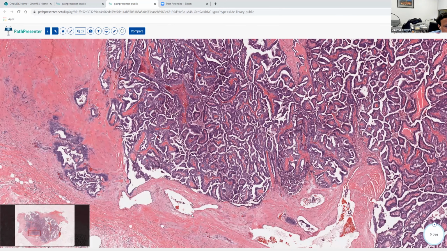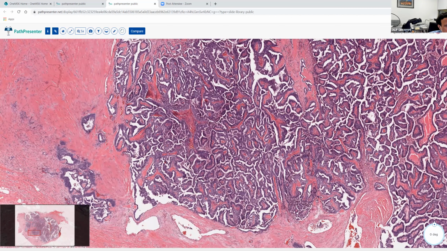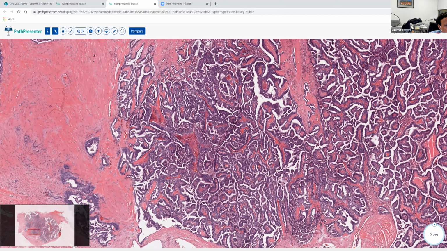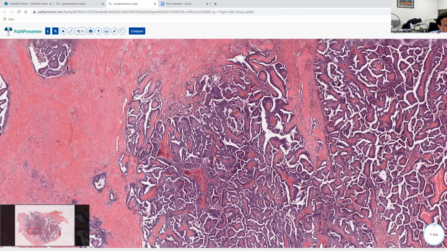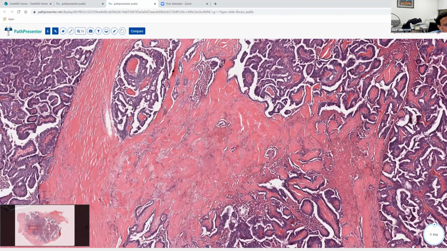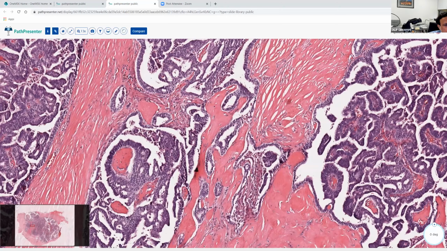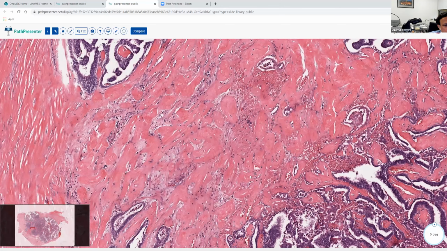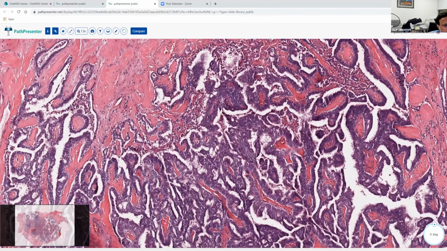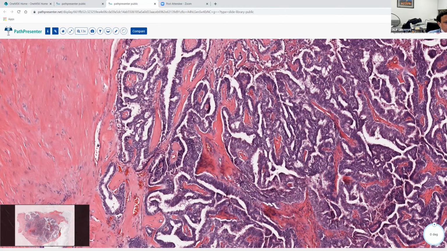While some of it is still enclosed within this outer duct wall, there is stuff that is going into the stroma. So this is already looking morphologically suspicious for invasion.